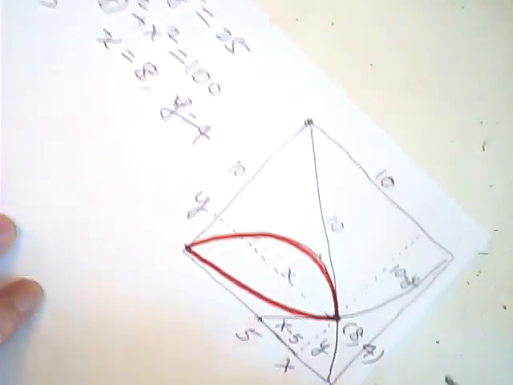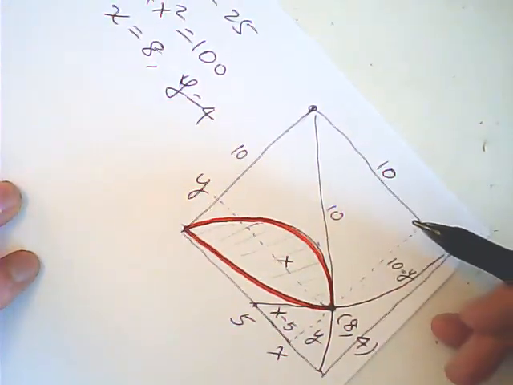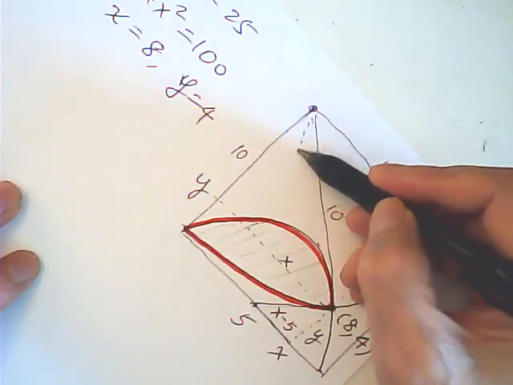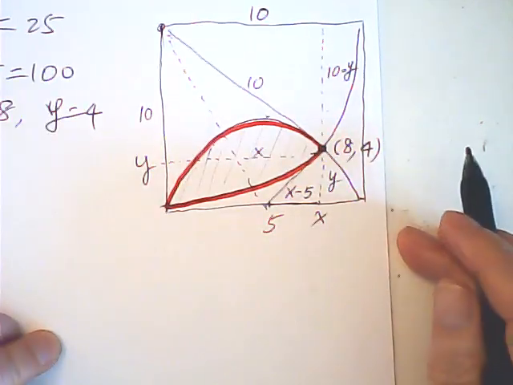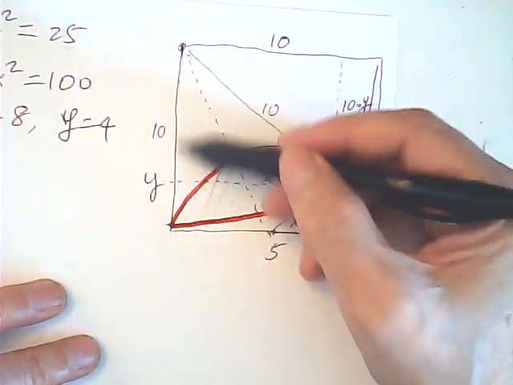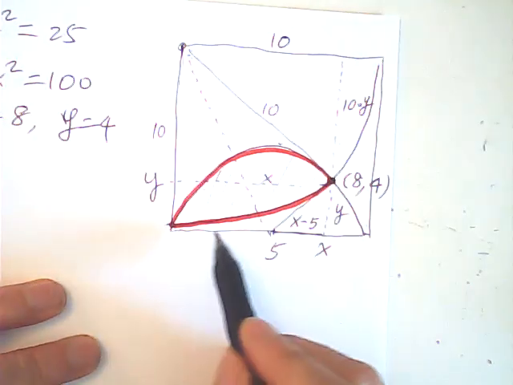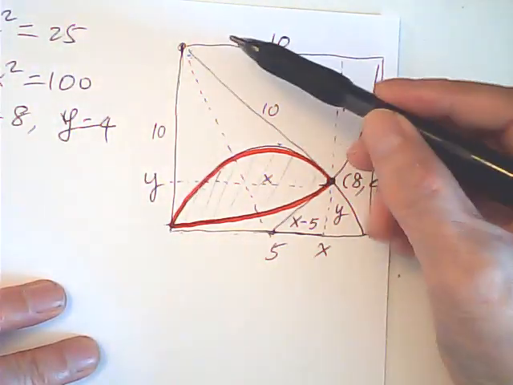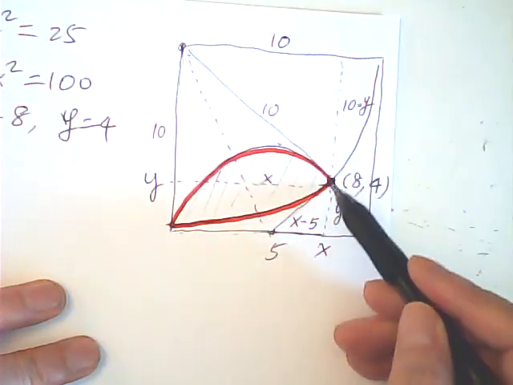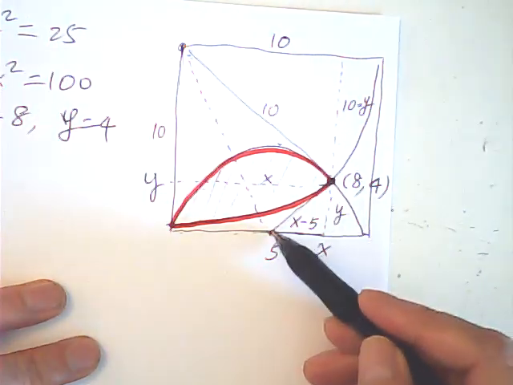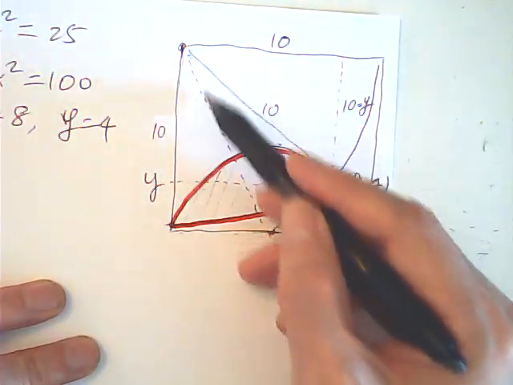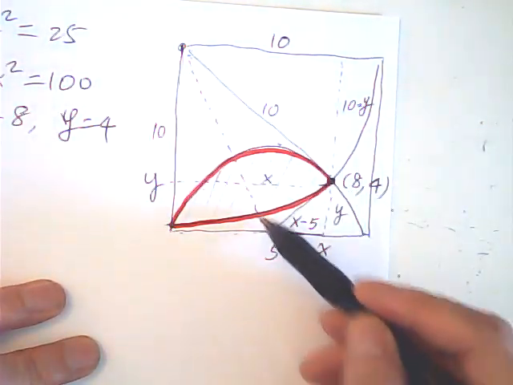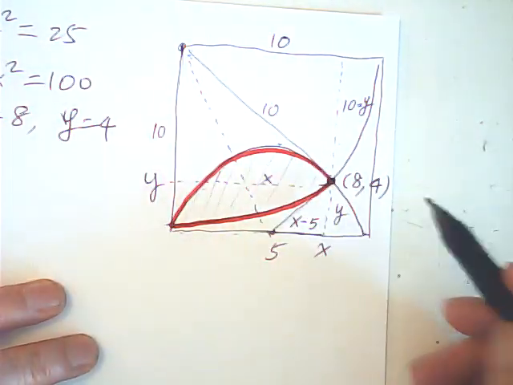Now, if we draw this line, this is 10. This is 5. This is 10. This is 5. Therefore, these two triangles are congruent, right? Because this is a common side. Three sides are equal.